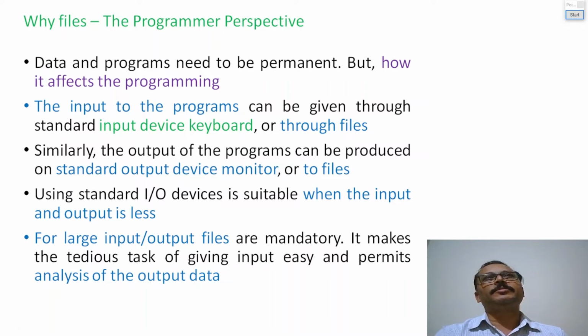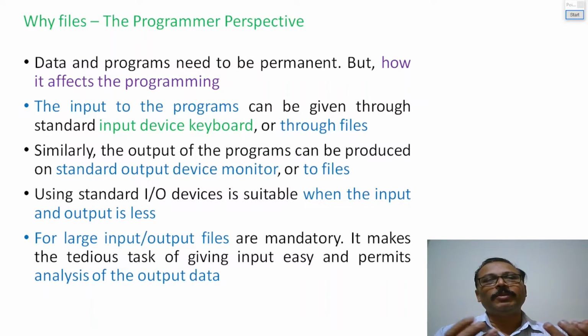Why files? From the programmer's perspective, data and programs need to be permanent. Why? What is the reason? Whenever you write a program, it will make use of some data. If the data items are, say, 5 or 10 items, then you can type them.